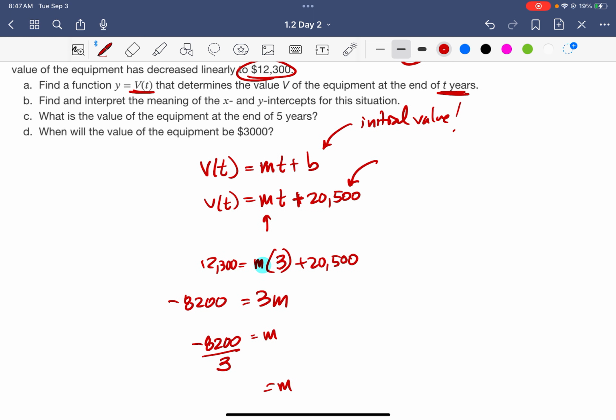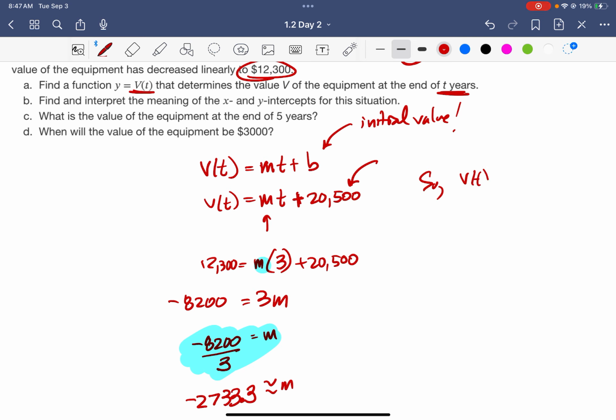Excuse me, where m is approximately equal to negative 2733.3. So I could say it's approximately that much, right? But I would probably, to be exact, keep this value for m.